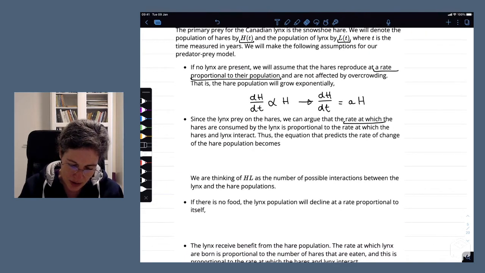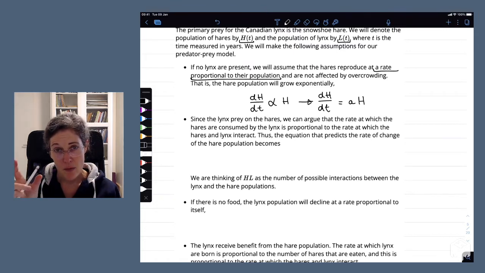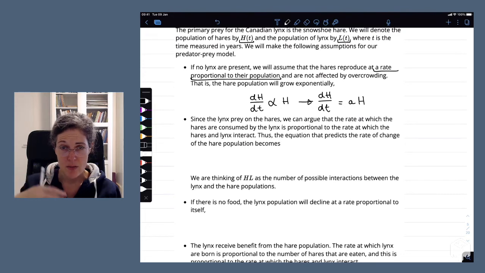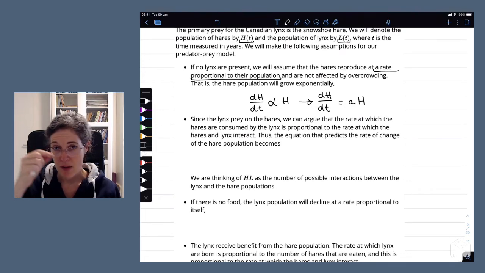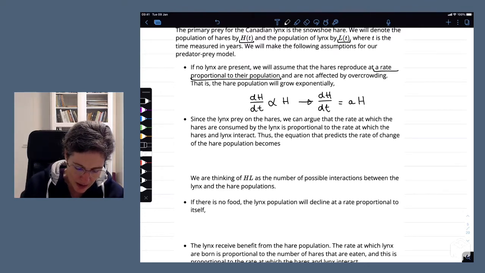Okay, so now let's think about the rate at which hares are consumed by the lynx. So suppose now we've got a system where we have both of them. So now our poor little hares, our bunnies, are not just free to reproduce ad infinitum. Some of them get eaten. Can we model that? So let's add in that term.